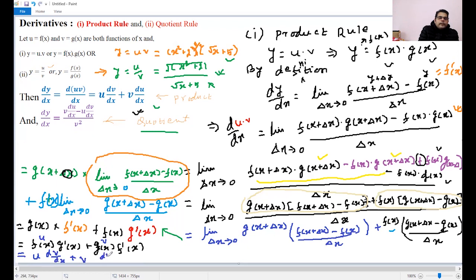Okay, so this is du by dx, and hence let's check whether or not we have arrived at this step. Yes, we have got the same step like this, and this is called the derivative of the given function by product rule, and hence this is proved.